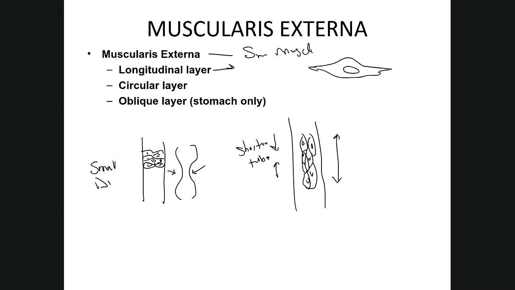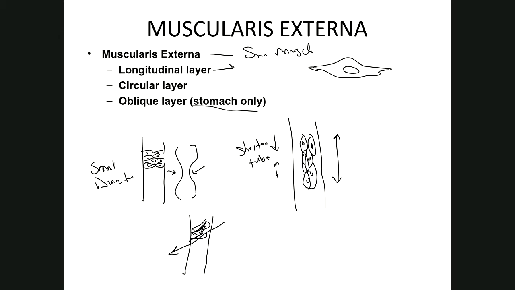And then in the stomach, and only in the stomach, there's an oblique layer. Oblique means diagonal. So these fibers are running this way, diagonally. And so when this contracts, you get shifting from one direction or the other.